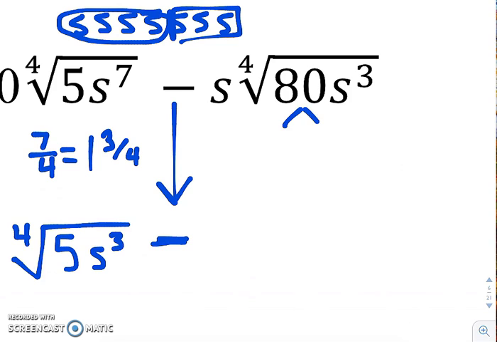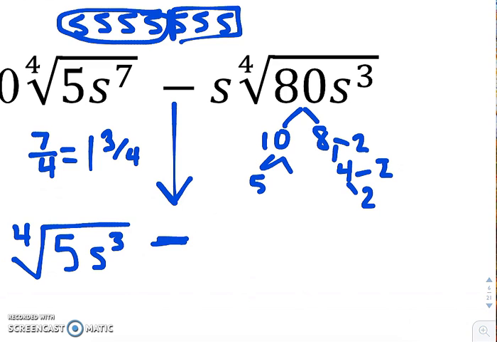So we need to simplify 80. So we can do 10 and 8, 2 and 4, 2 and 2, and 5 and 2. So there.